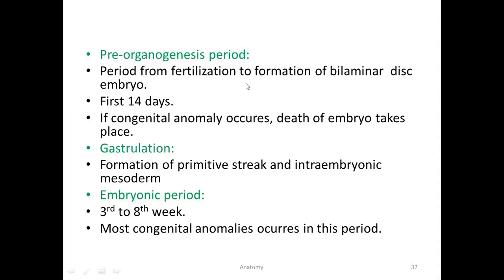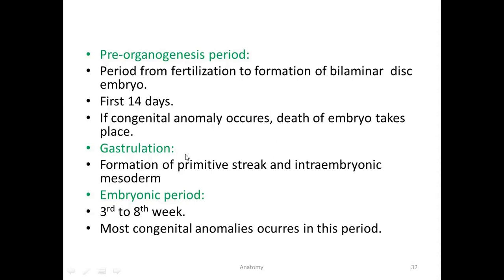If something goes wrong, maybe in the form of trauma, germs, a genetic problem, or exposure to radiation or medicine, then as it is a delicate phase, it will not be accepted by the developing embryo, the cells die, and the pregnancy may terminate at this early phase. So we have to take a lot of precautions in the pre-organogenesis period.